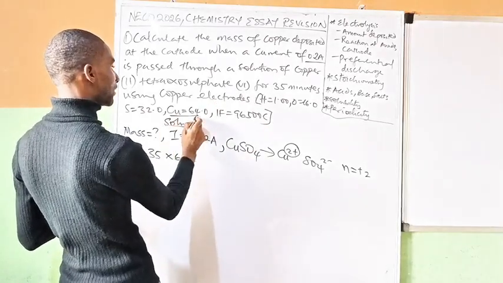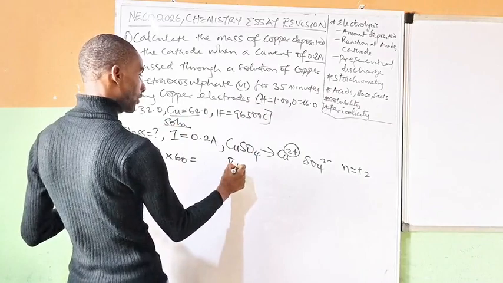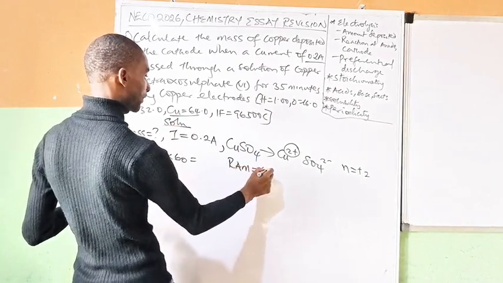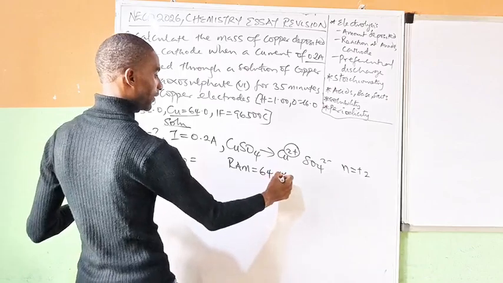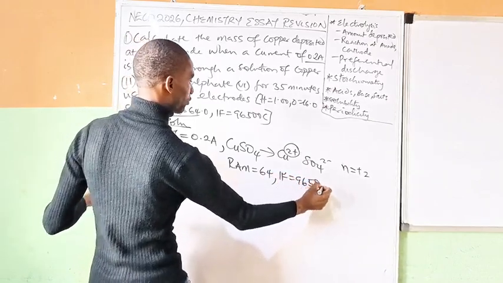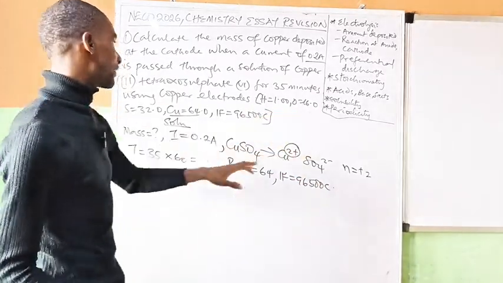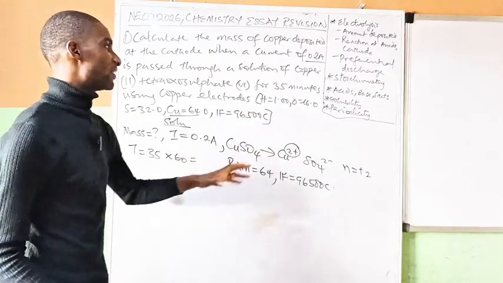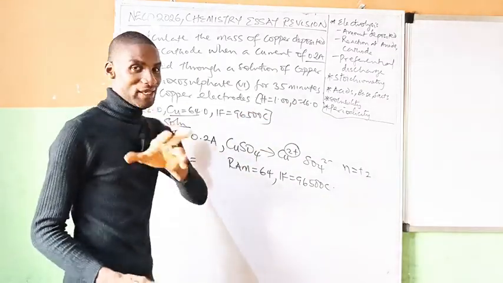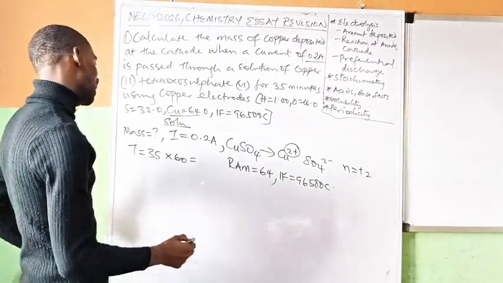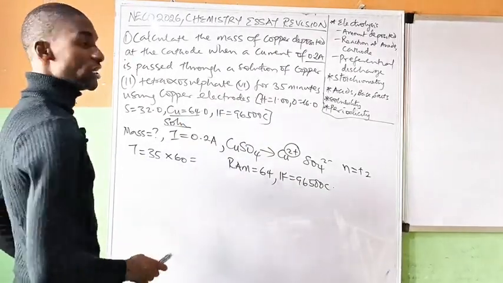What other parameters were given? The molar mass of copper is 64. So our relative atomic mass of copper is 64, and then 1 Faraday is 96,500 coulombs. And of course we were given the different molar masses, which of course is not necessary. You don't need to calculate.